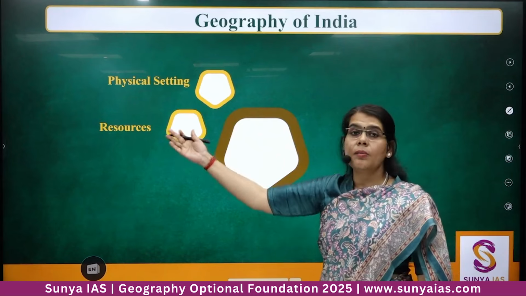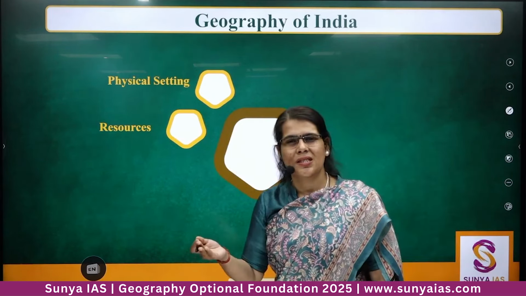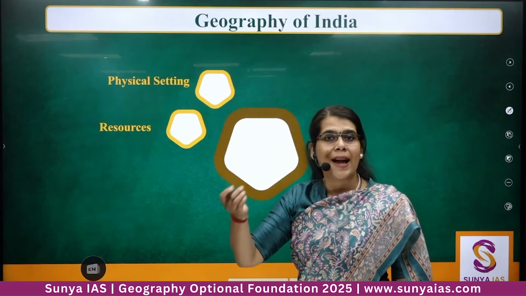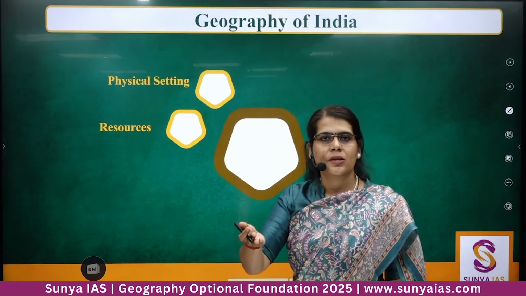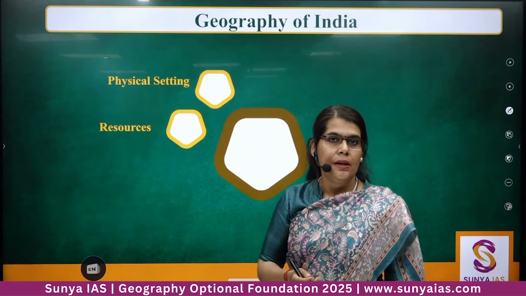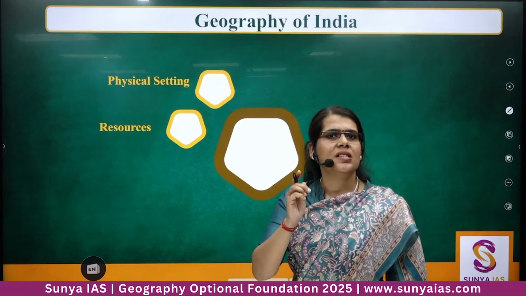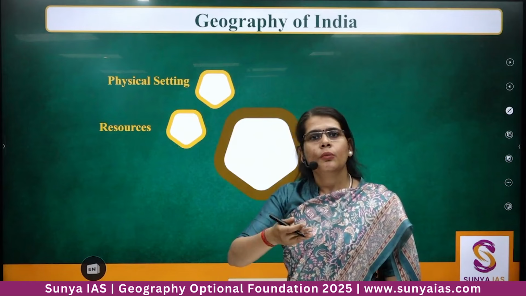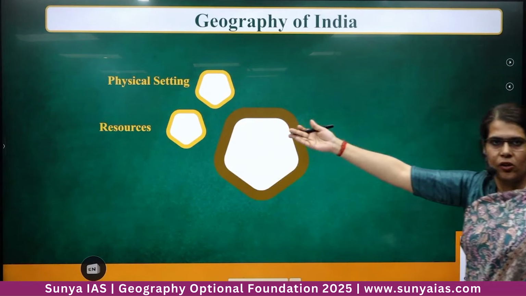So you will learn about the resources, for example, the water resources, the energy resources, forest resources, land resources, etc. And each year nowadays, UPSC is asking permanently one question from the resources section in GS paper 1.